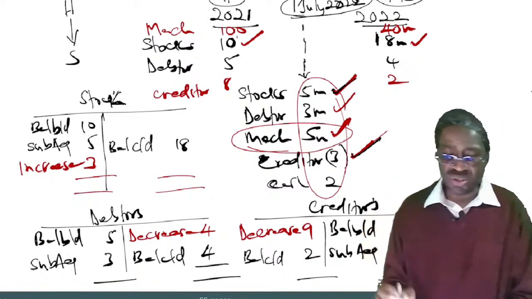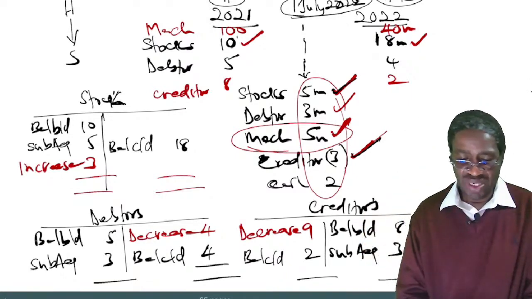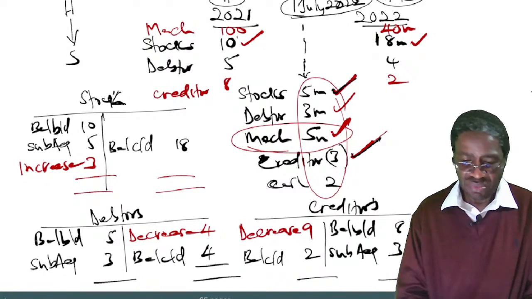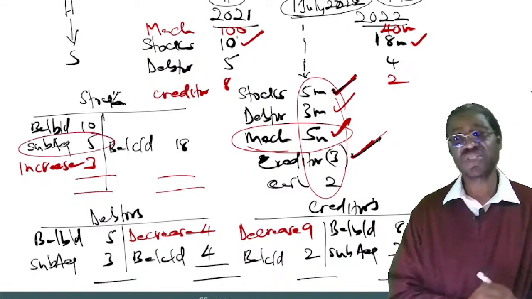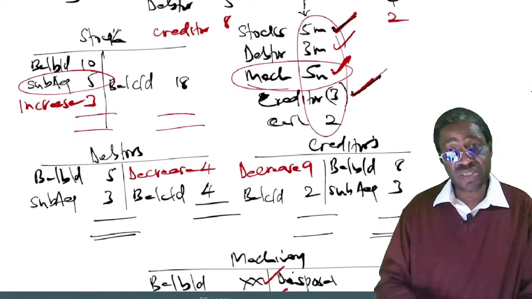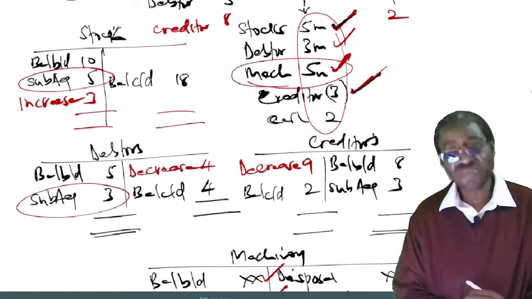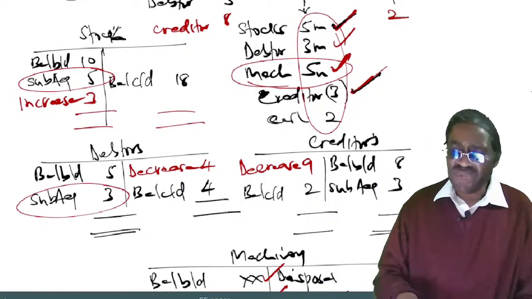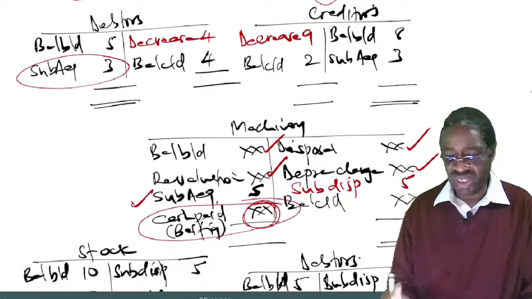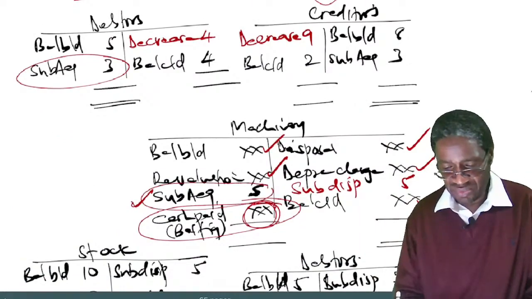Like if it is stocks, you can see here, we were debiting the stocks account. If it is debtors that came in, we debited debtors here. If it's machinery that came in, we debited machinery here.